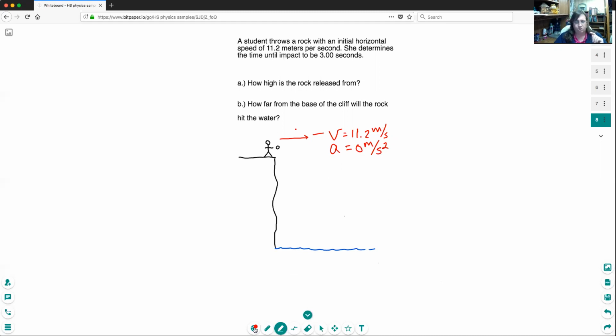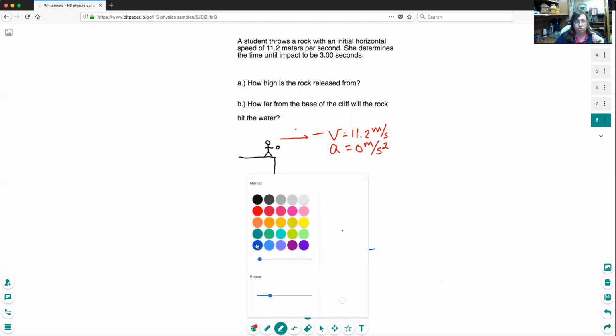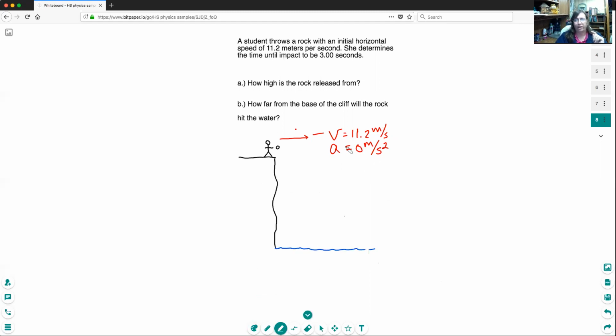We'll change pen colors and use green here. This is going to be for the vertical direction, so Vy. And what does Vy equal? Well, there is no velocity in the downward direction to begin with, so it's really just 0.